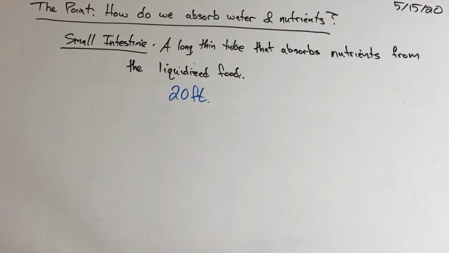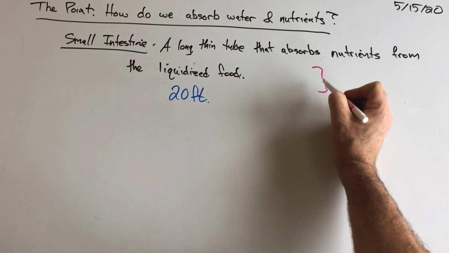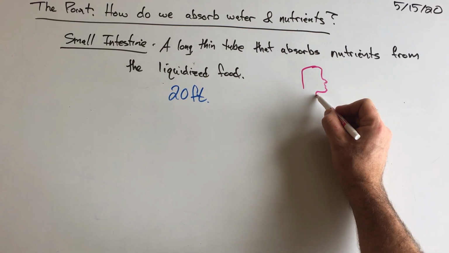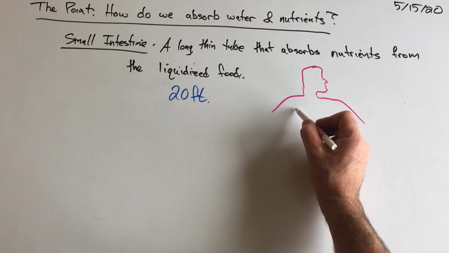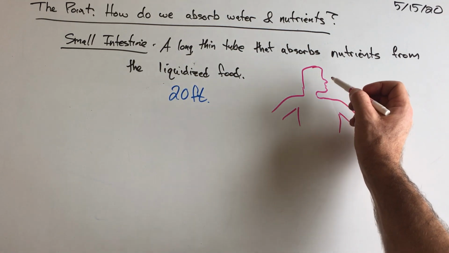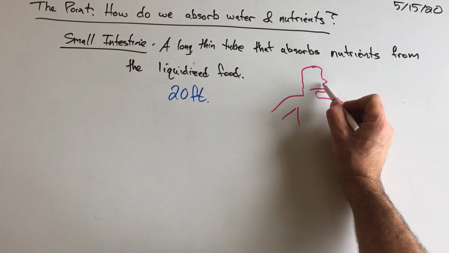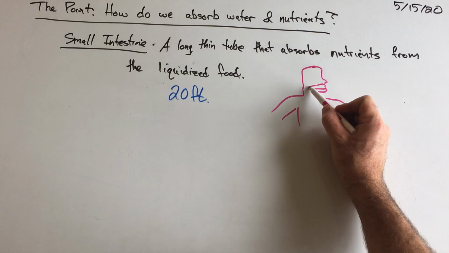So let's draw our wonderful human here with a nose and a mouth and a chin, right? And there are the arms, which aren't part of your digestive system. And remember, food goes in the mouth, not the nose. Do not put food in your nose.